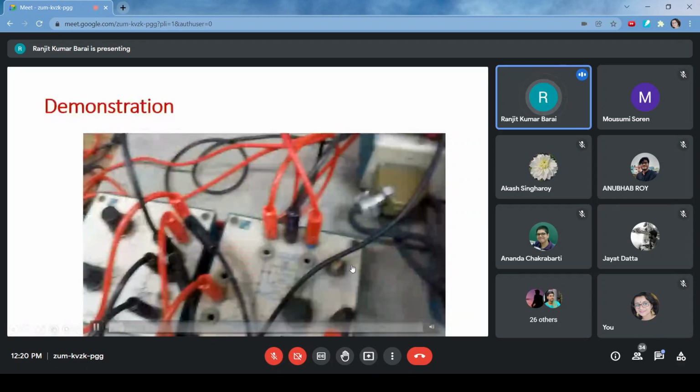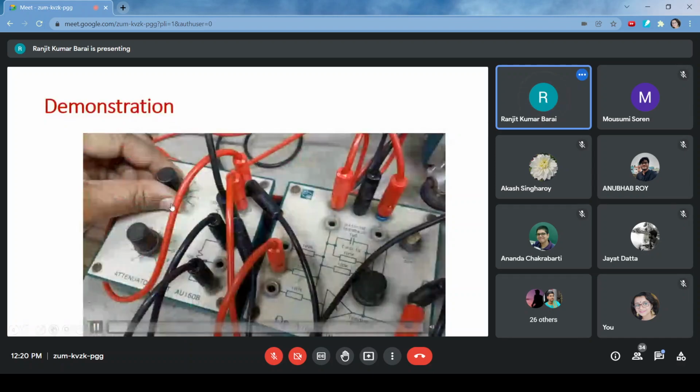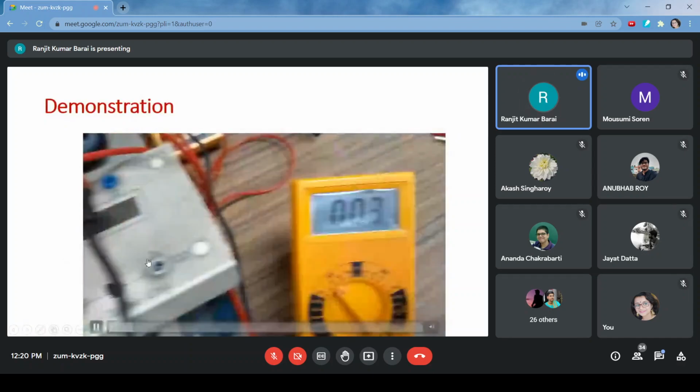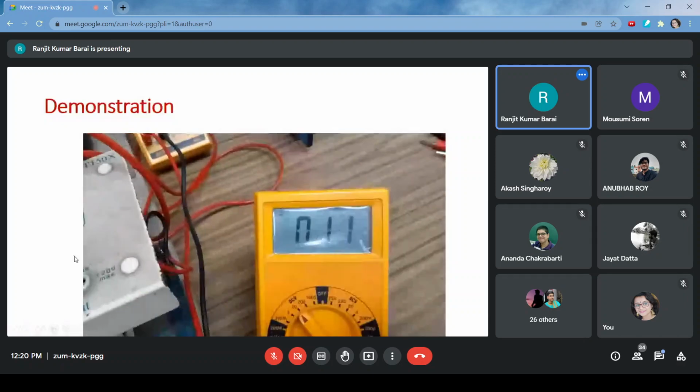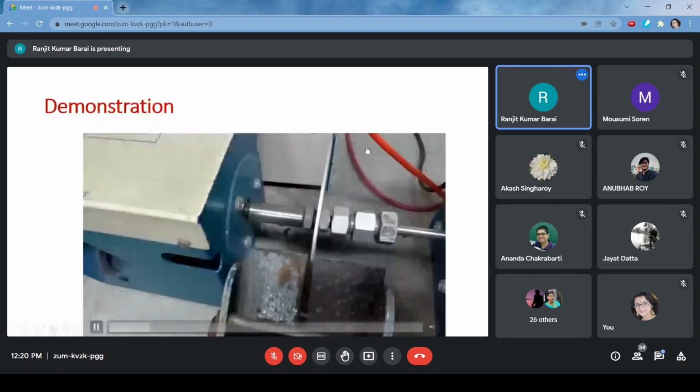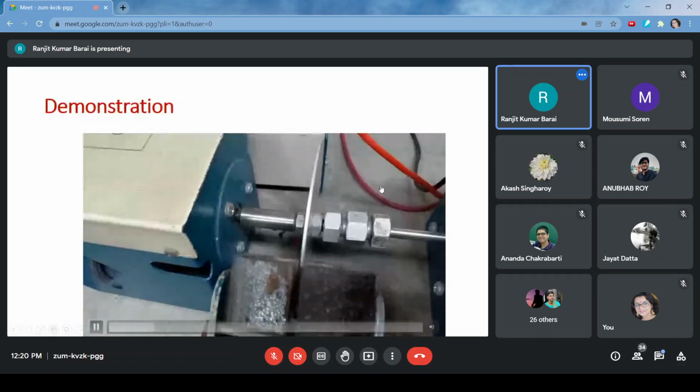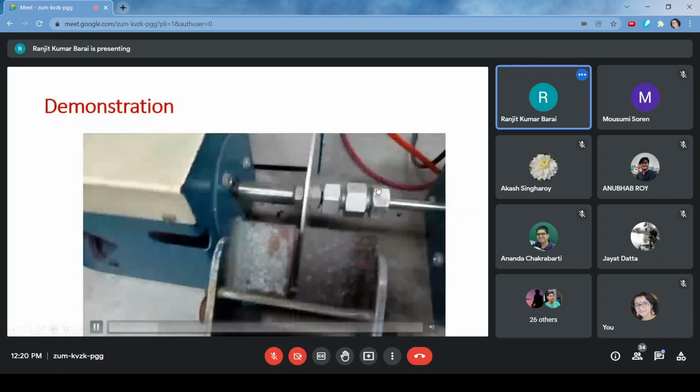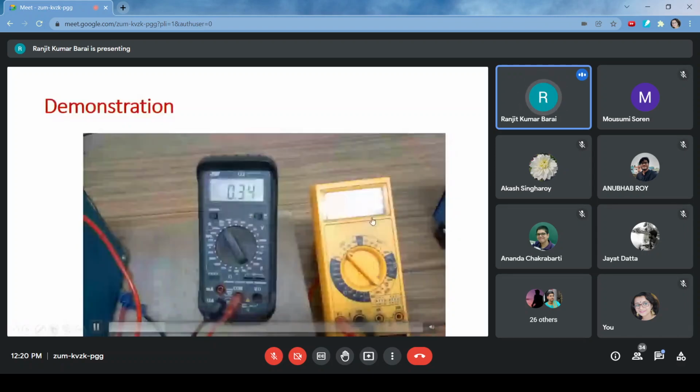So you have to change the voltage to the required reference voltage. This is the tacho, I think. And the voltage has not yet started.